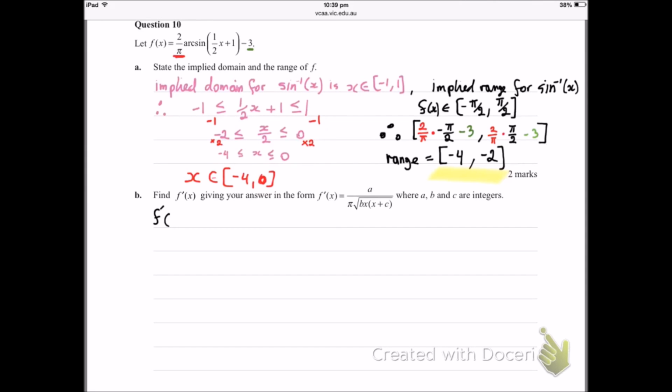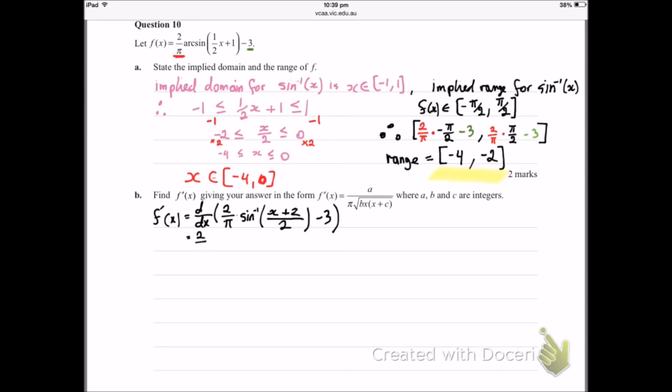Very nice. Part B says let's find the derivative of that and express our answer in this form. So off we go. Let's differentiate our function of x.